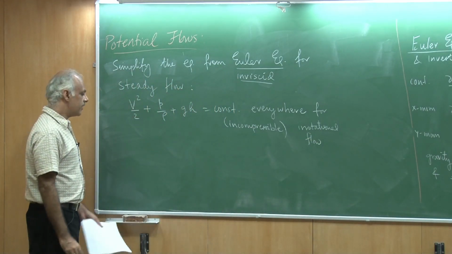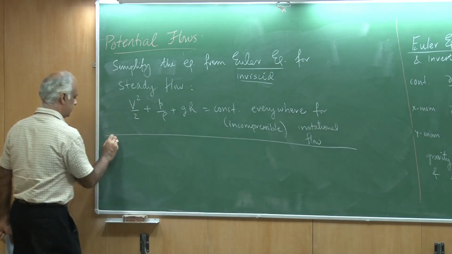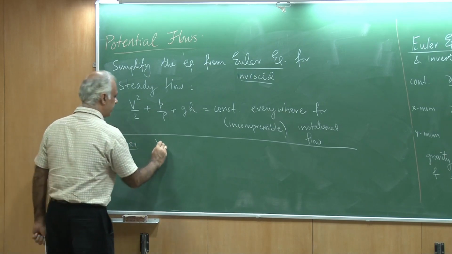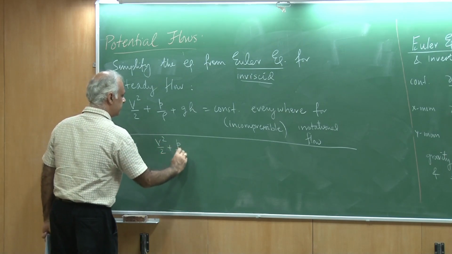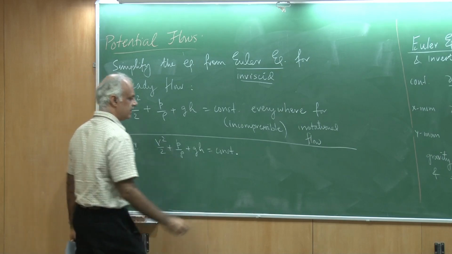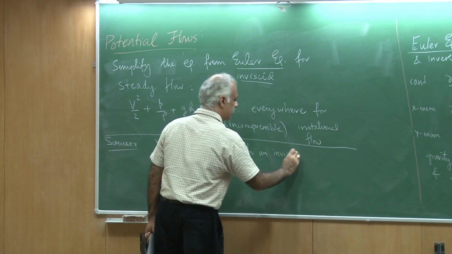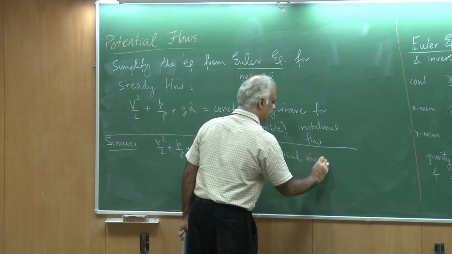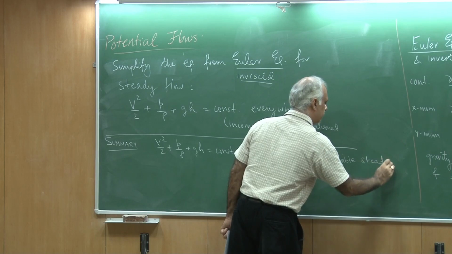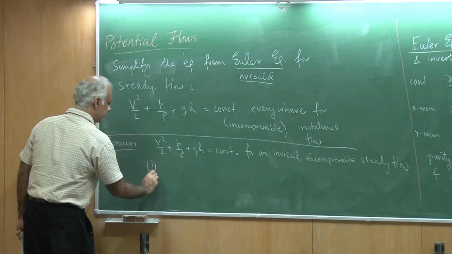So, let me now summarize what we have found so far. That V square by 2 plus P by rho plus GH is constant for an inviscid, incompressible, steady flow, and there are two conditions.